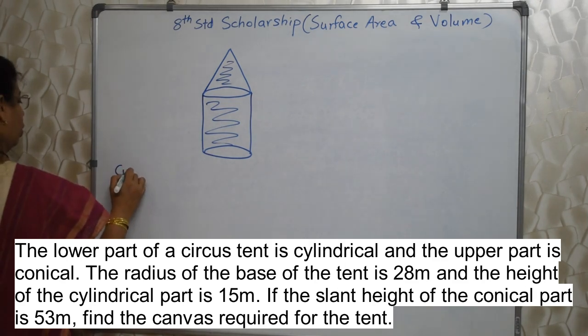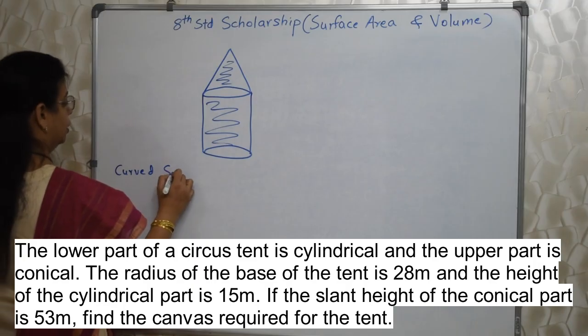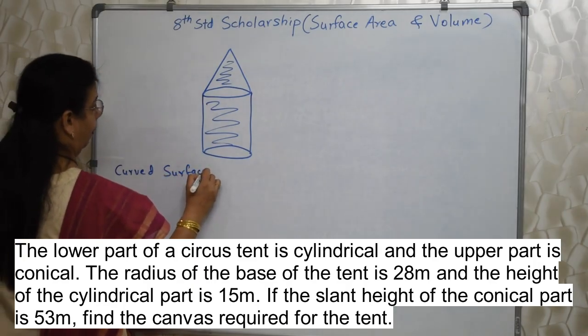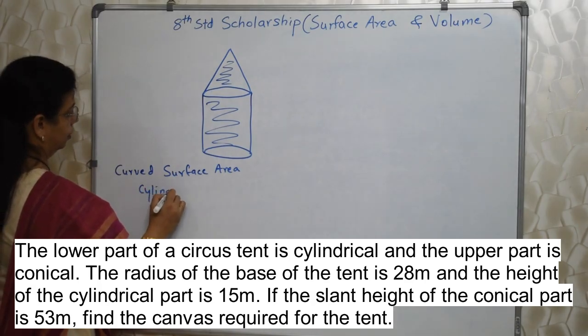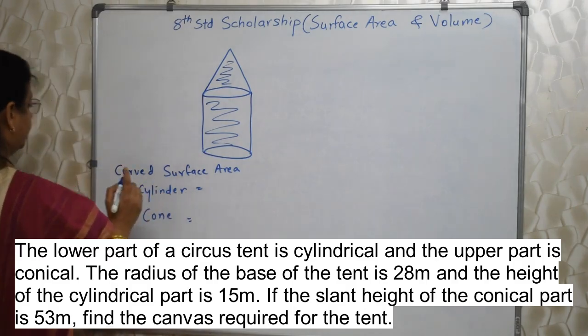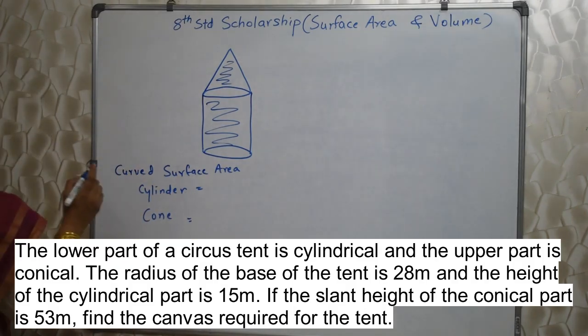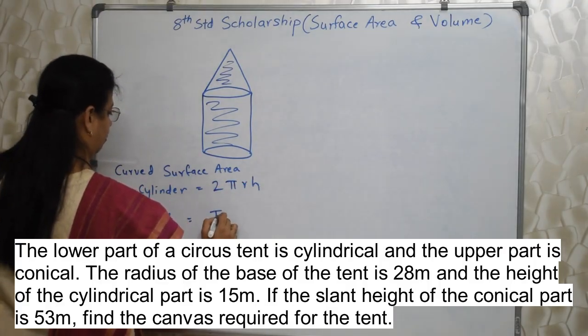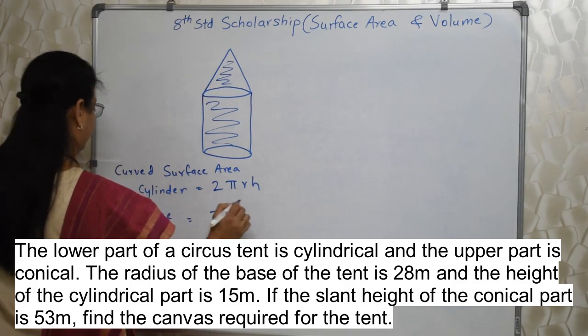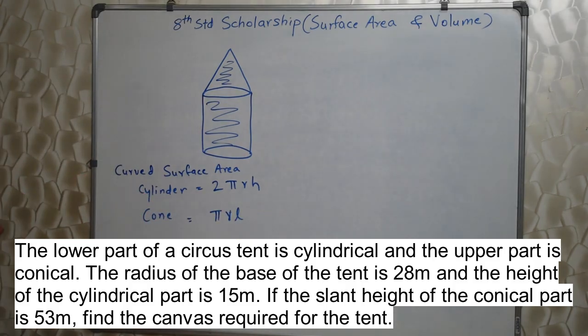What is the formula of curved surface area of cylinder and cone? Both we will require. If you don't know, you won't be able to proceed. 2 pi r h, pi r l. This is the formula. Once you know these formulae, doing the sum is not a big thing.